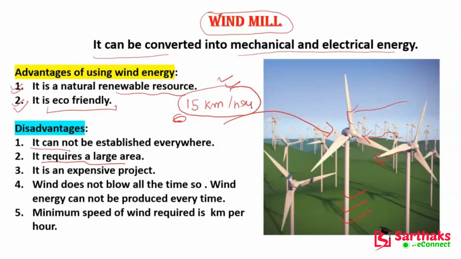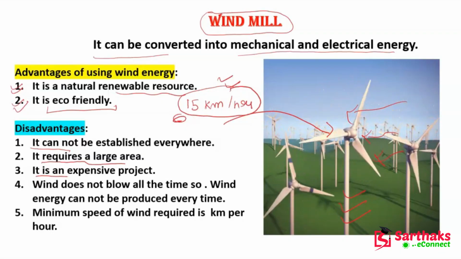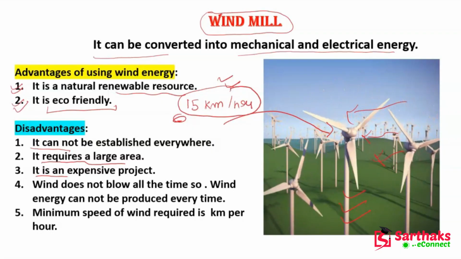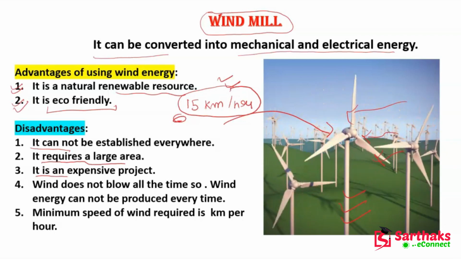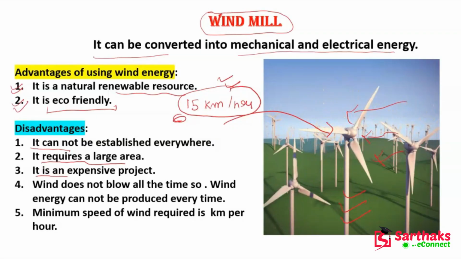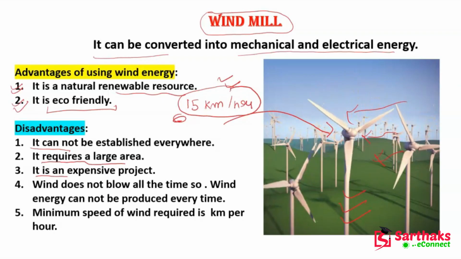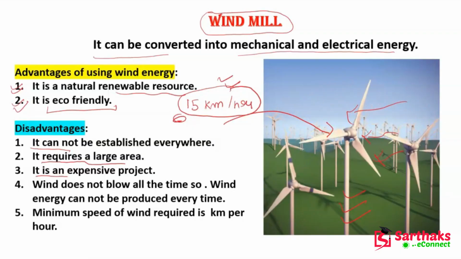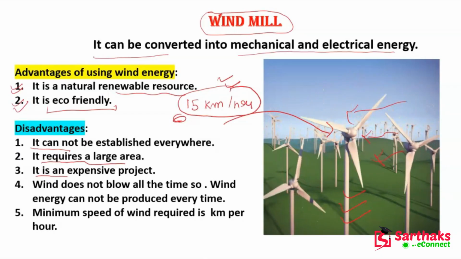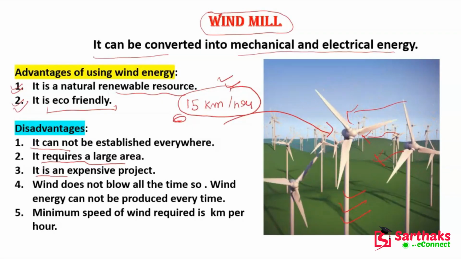Now, the third point is it is an expensive project. Of course, we need lots of investment for this project. Although the wind is free, definitely to set up this plant, we need so much money. So this makes it an expensive project. Now, another disadvantage is that we cannot generate electricity all the time. Why? Because we know that wind does not blow all the time.